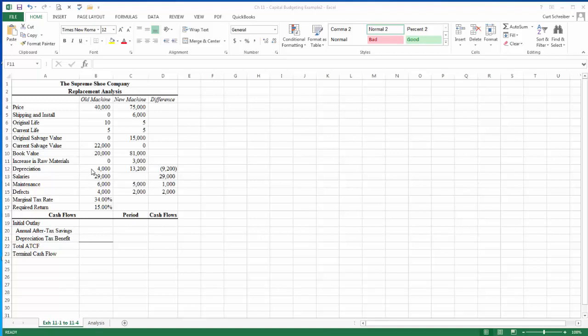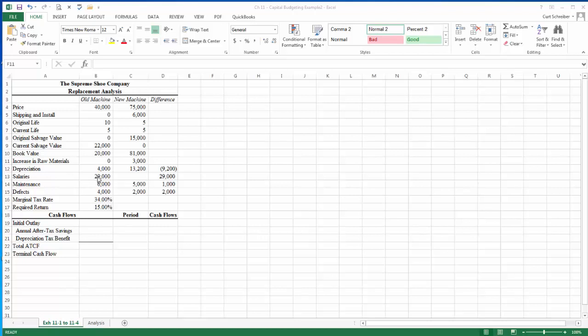Notice here that we have depreciation for the old machine compared to the new machine, the difference being $9,200. That additional $9,200 of depreciation is going to save us a little bit of taxes, so we will factor that into our analysis as well.